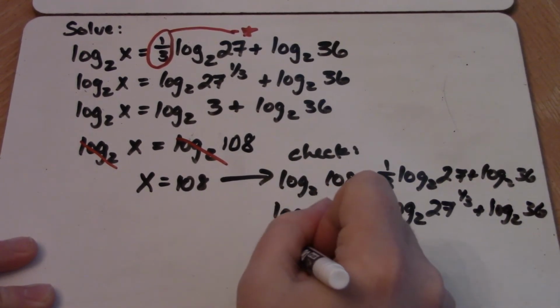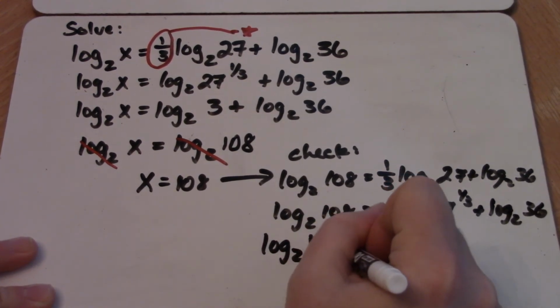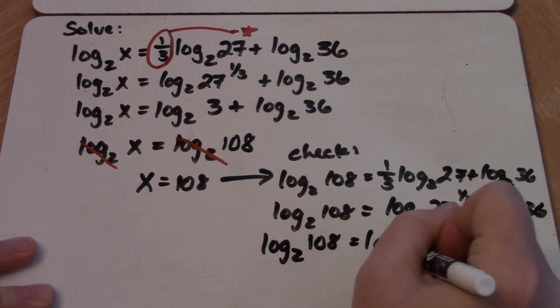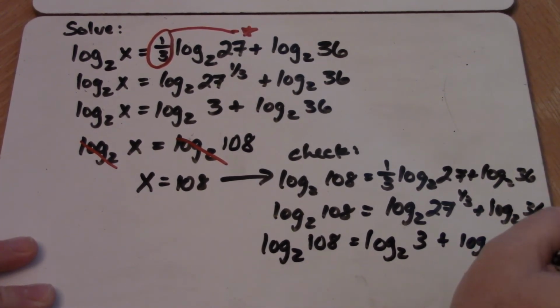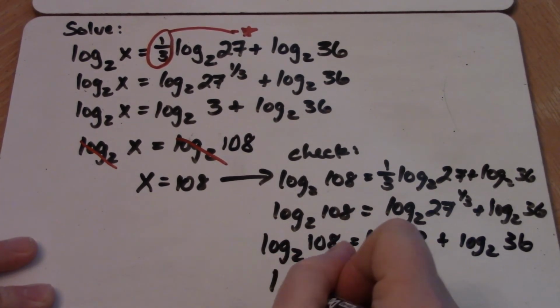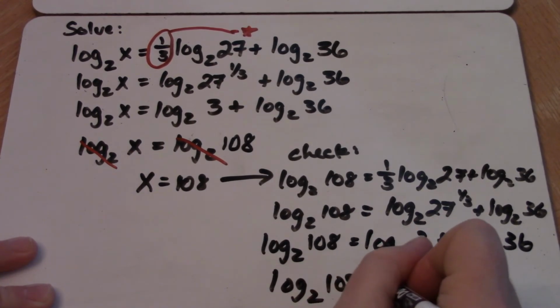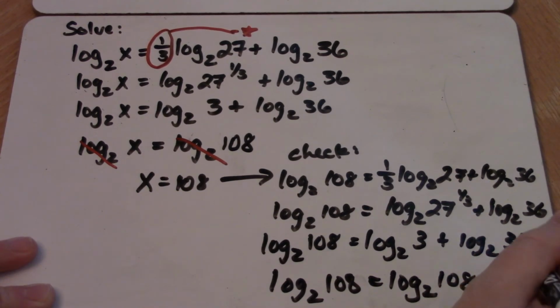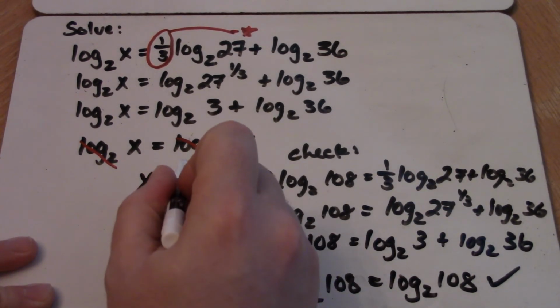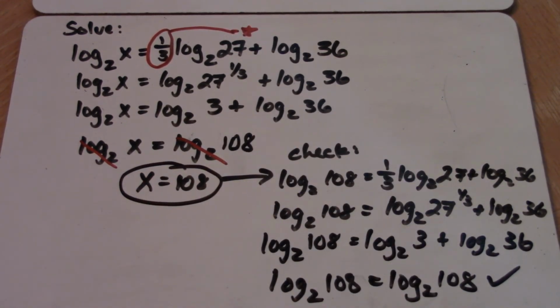We do the 1/3 power of 27, which again is 3. And then we use the product rule to do 3 times 36, giving us that both sides of that equation are equivalent to log base 2 of 108, meaning it does work, and x equals 108 is our answer.